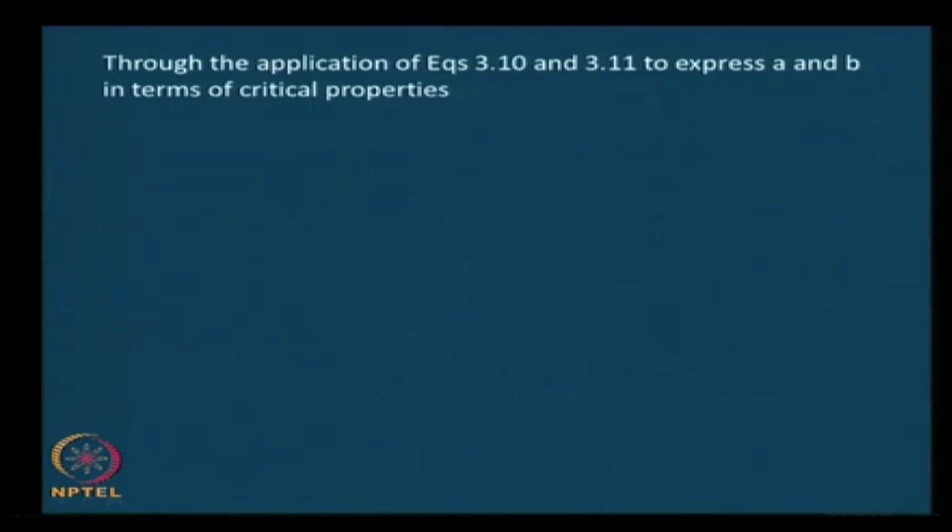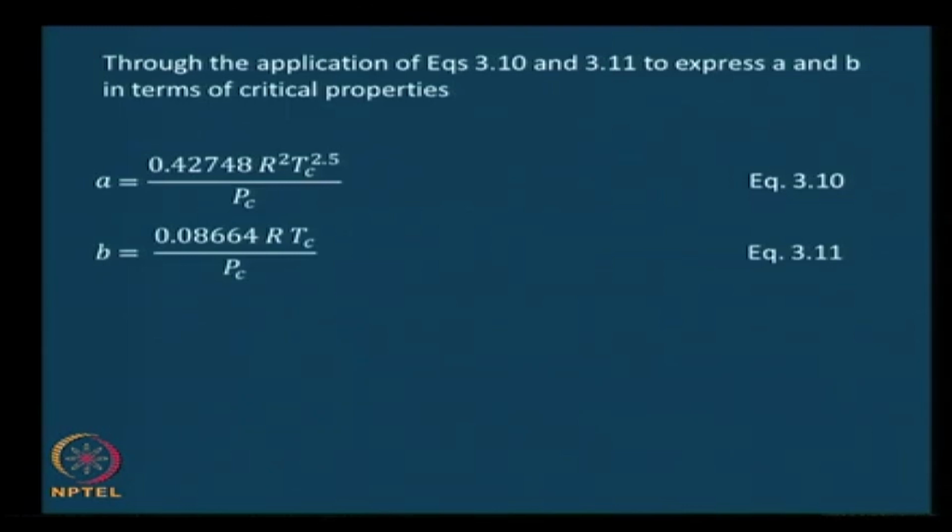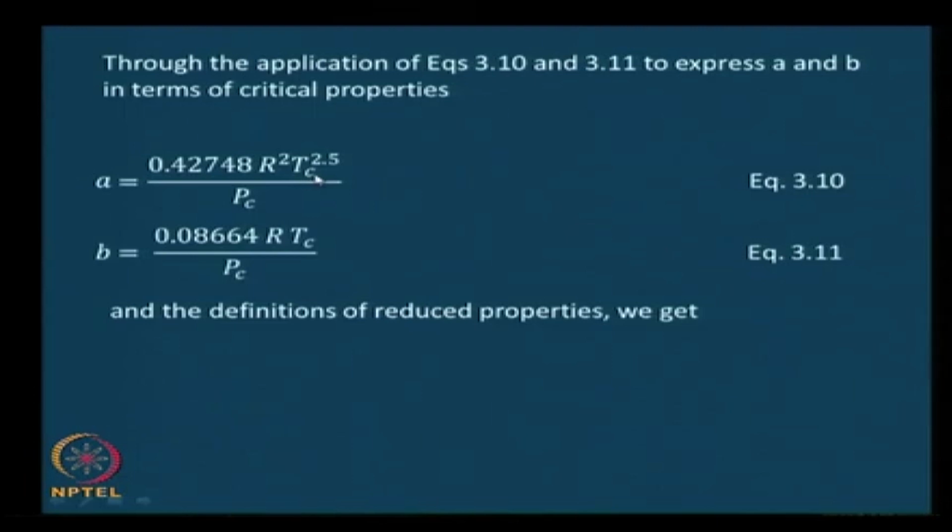We have already seen that A and B can be expressed in terms of critical properties, equations 310 and 311, and this Tc can be written in terms of the reduced properties. Tr is nothing but T by Tc, therefore Tc is nothing but T by Tr.